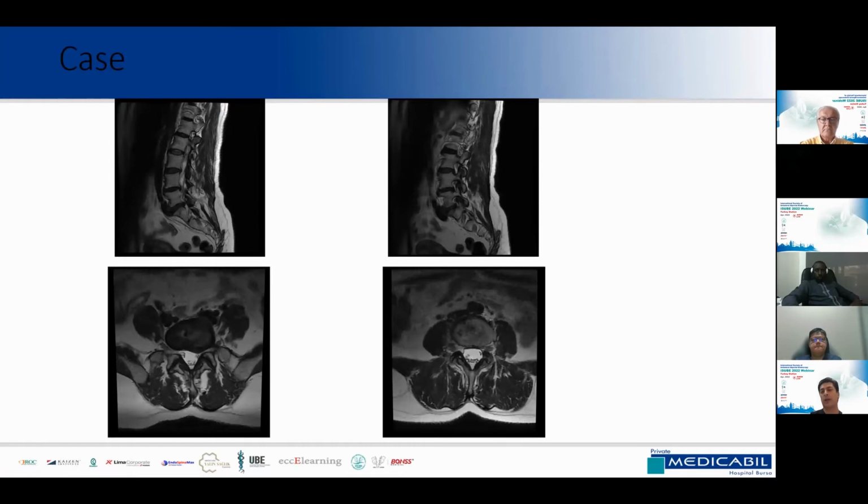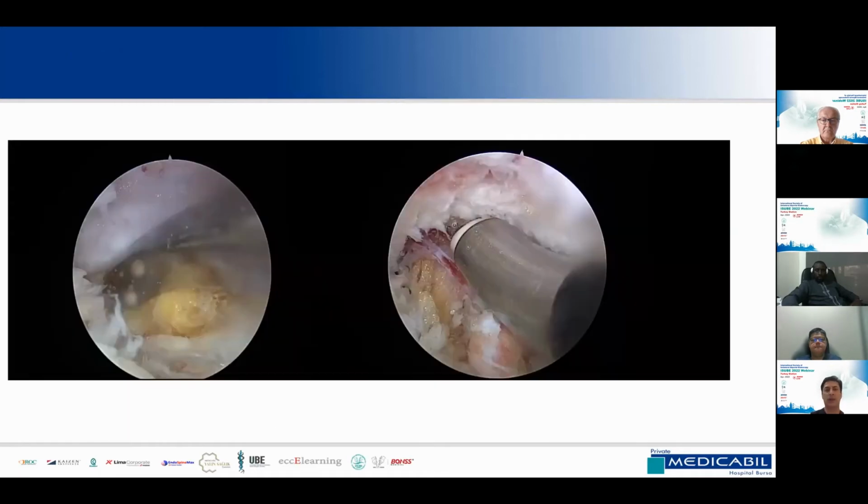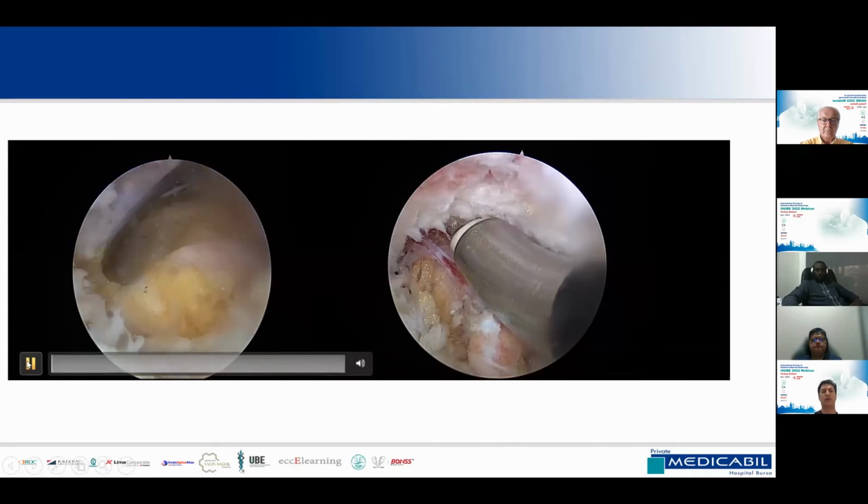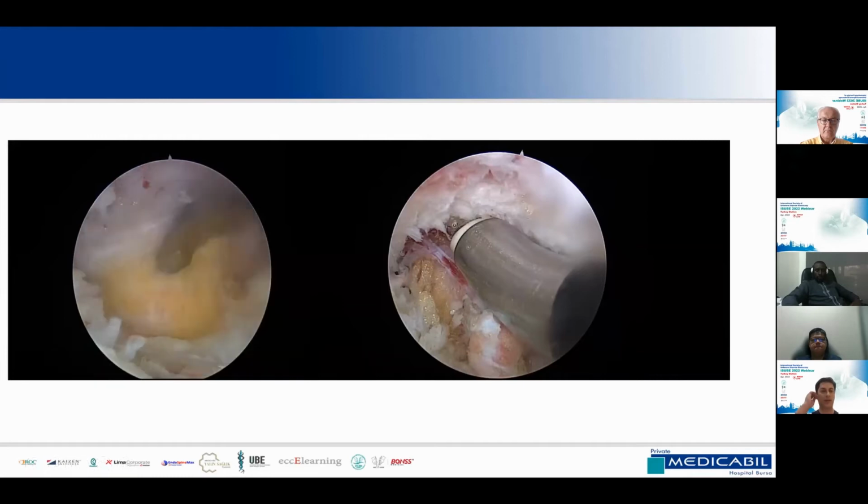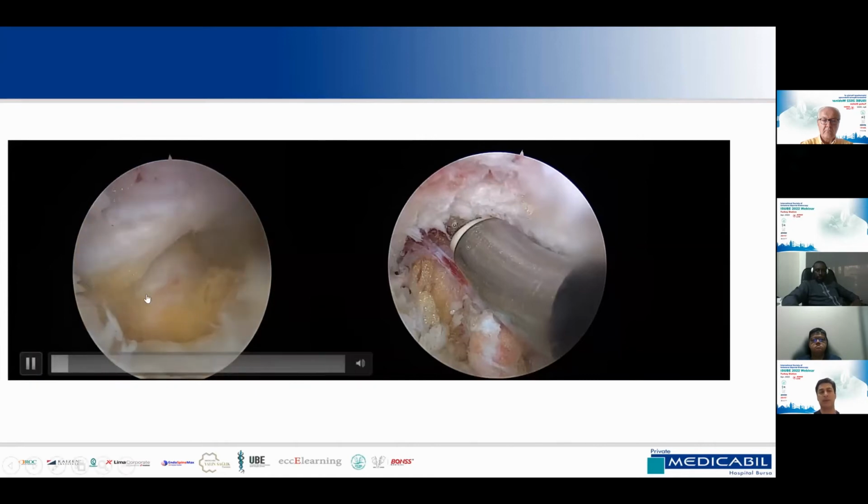So when you assess the case, you should be aware of the dermatomal and the myotomal assessment. If you have any concerns, you should assess with the injection. Now you see the L5-S1 level here.